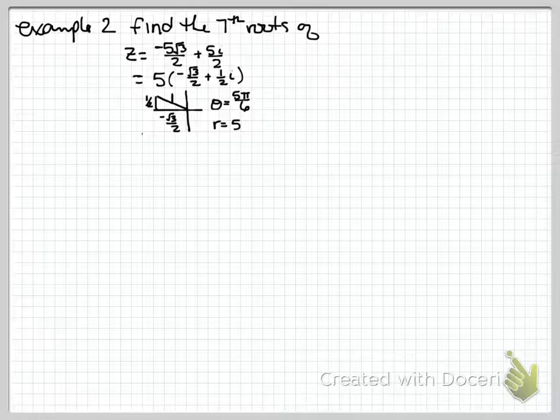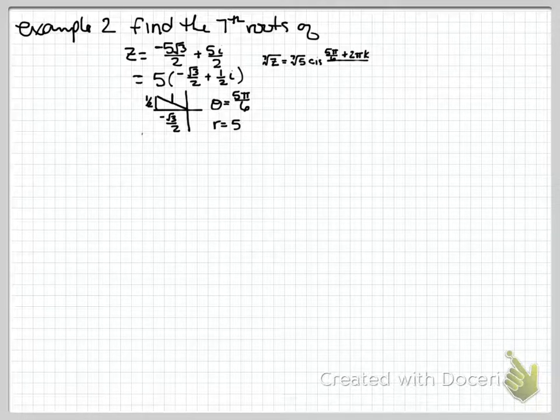Okay, so let's start doing our roots. We are doing the 7th root of z, and that's going to be the 7th root of 5 CIS of 5 pi over 6 plus 2 pi k, all divided by 7.